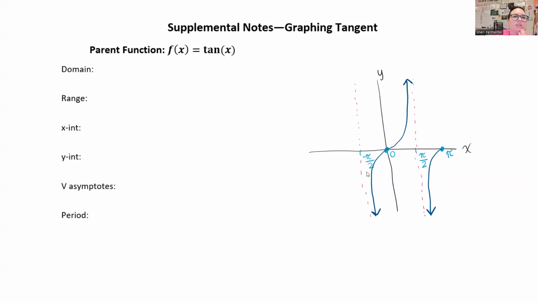So while I have this graph just posted here, let's think of the period of just one cycle. If it goes from negative pi over 2 to positive pi over 2, so if you consider this one period, from intercept to intercept would also be one period. But how long is this?